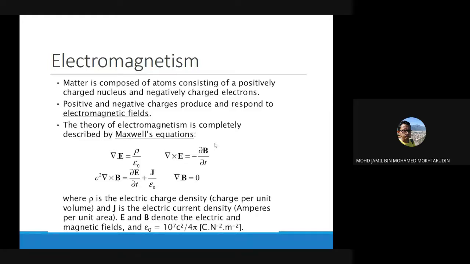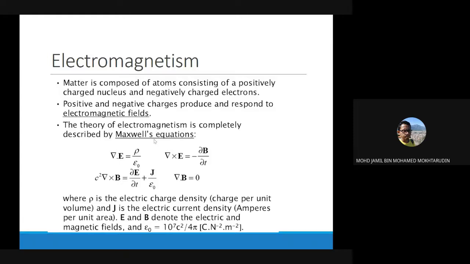So to describe these electromagnetic fields, Maxwell created Maxwell's equations. There are 4 equations that relate the electric field E and the magnetic field B. If you still remember the SPM electromagnetism topic, you have learned about right hand rules and Fleming's rules.